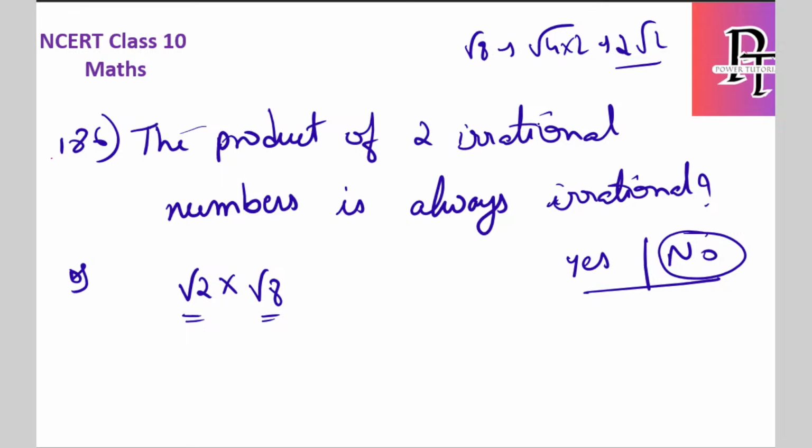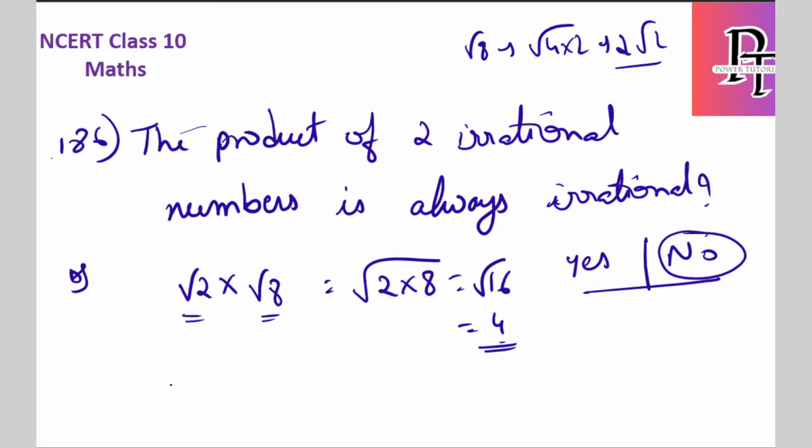But if you multiply these two, what will happen? It becomes root 16, because root of a into root of b becomes root of a into b. Root of 16 is not irrational, because the root of 16 has a value of 4. So "always irrational" is false, because there can be cases where it is rational also, like this.